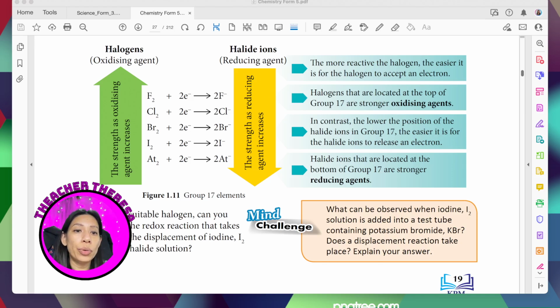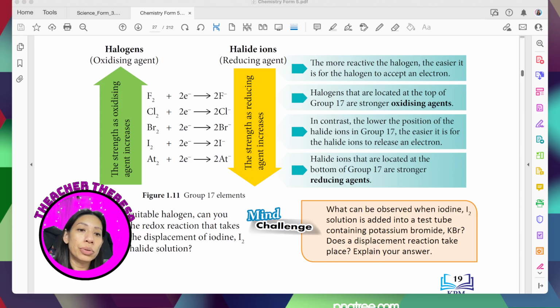So if you have fluorine, chlorine, and bromine, there's no need to memorize. You know bromine is less reactive than chlorine and fluorine in group 17. That is what you have learned in Form 4. So bring forward what you have learned.